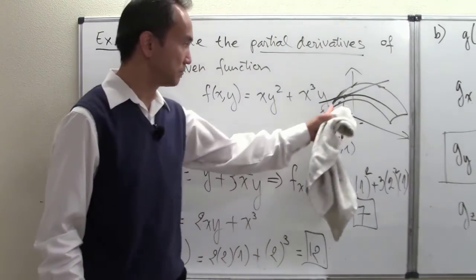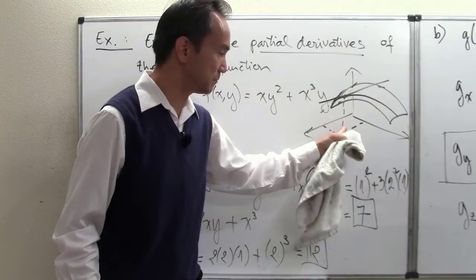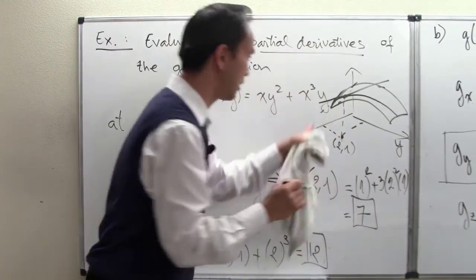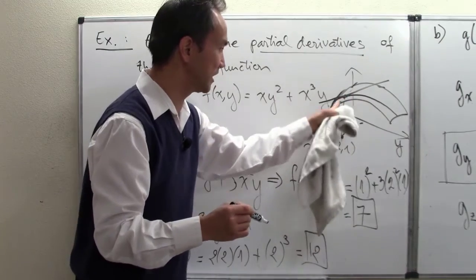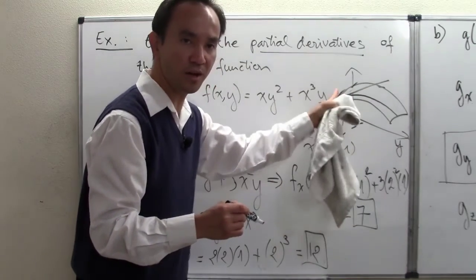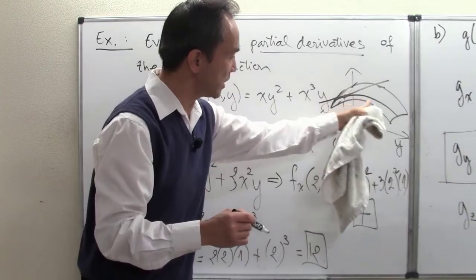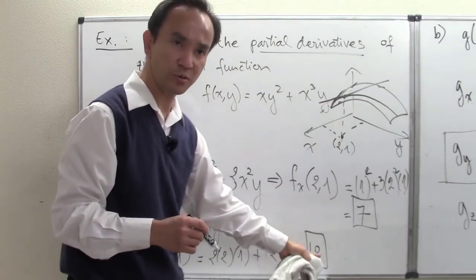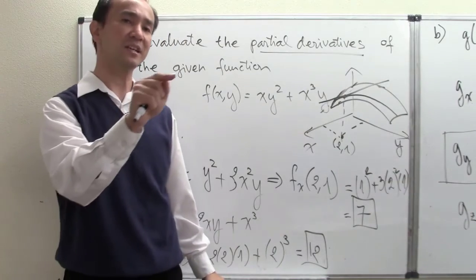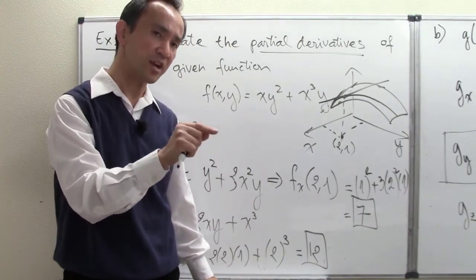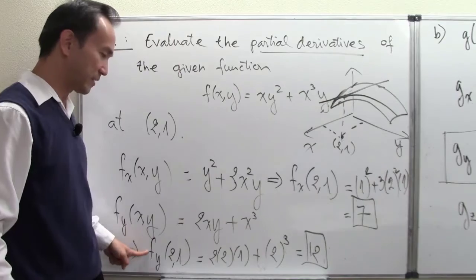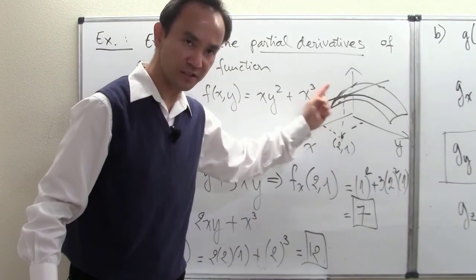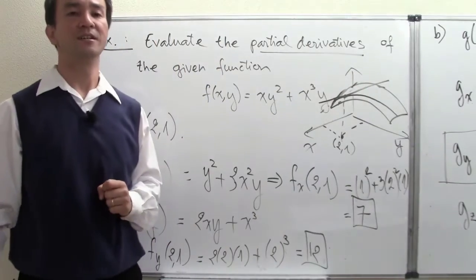On that tracing curve parallel to the y-axis, specifically containing that point 2, 1 on the surface right there, that tracing curve has a tangent line at slope positive 12. Or another way of seeing it, it's the instantaneous rate of change of this function at that point on the surface being 12.